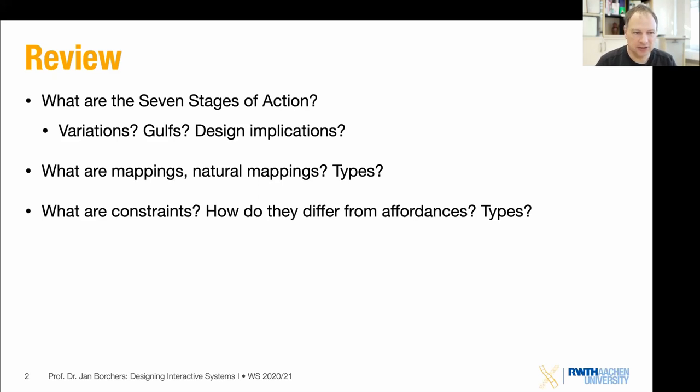Very good. All right. And then we went on to constraints and how constraints differ from affordances. And we also looked at a couple different types here. So again, Fabian, want to go ahead and take a stab at those? Reinhard? Yeah, sure. Can you hear me? Yep. So constraints are basically like limitations.